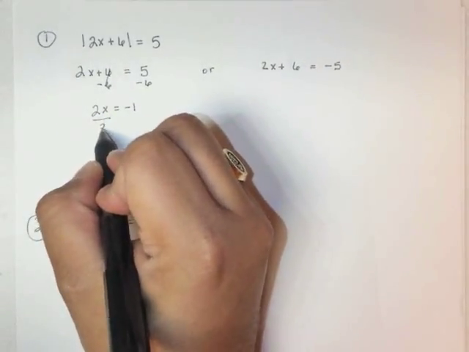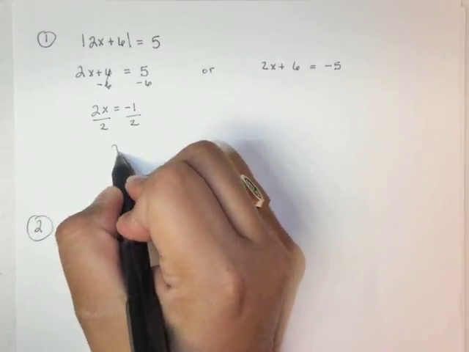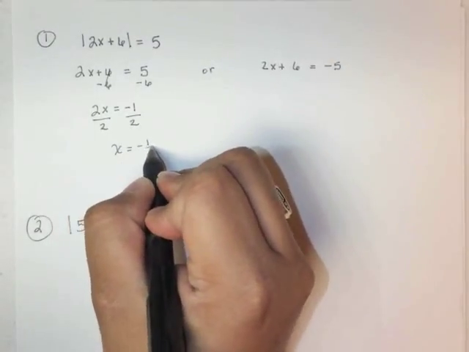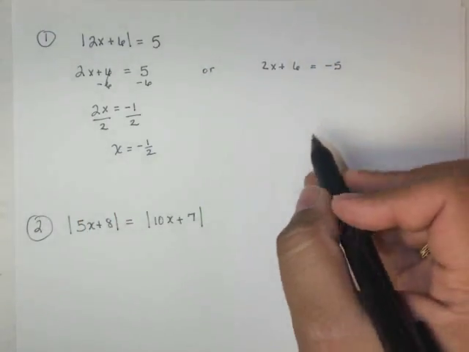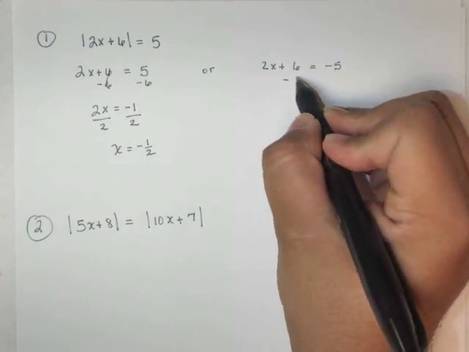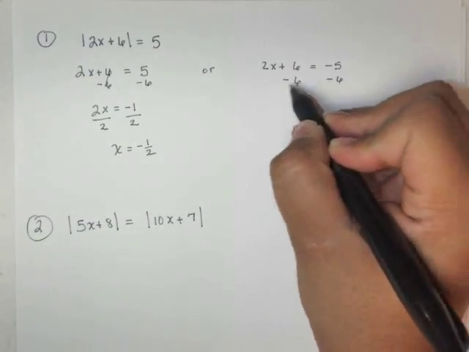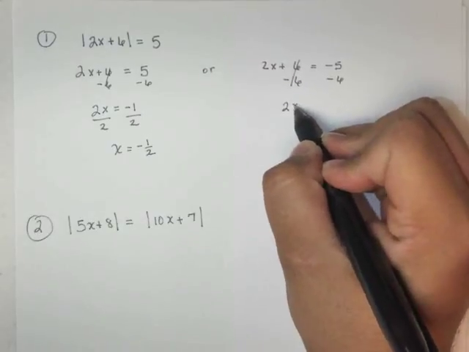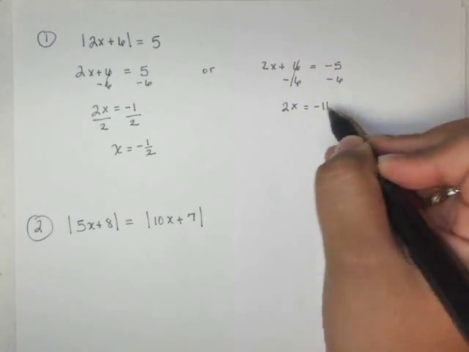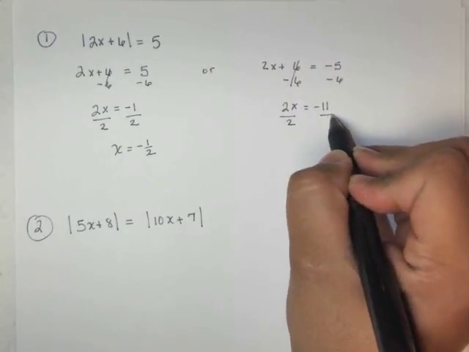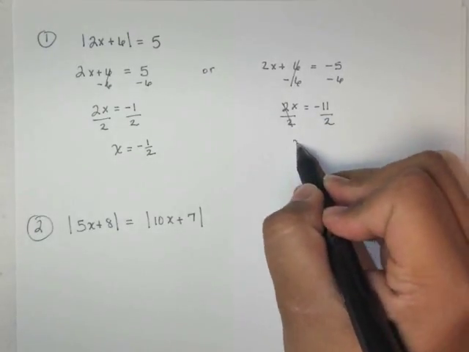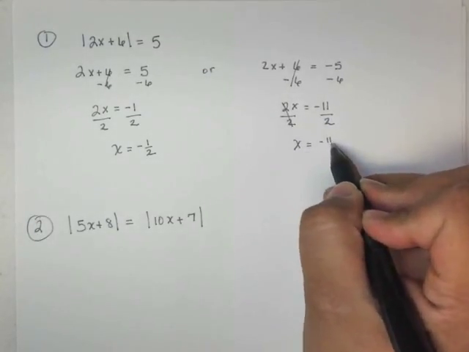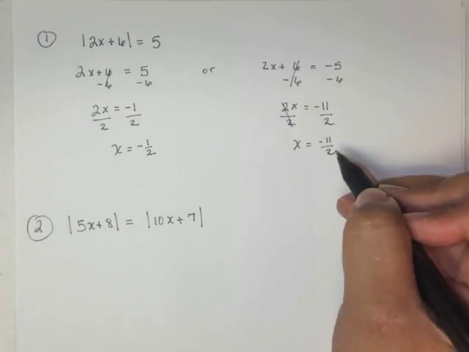And then divide by 2. So x equals negative 1/2. That's the first answer there. And then subtract 6 over here, and we get 2x equals negative 11, and then divide by 2, and x equals negative 11 over 2.